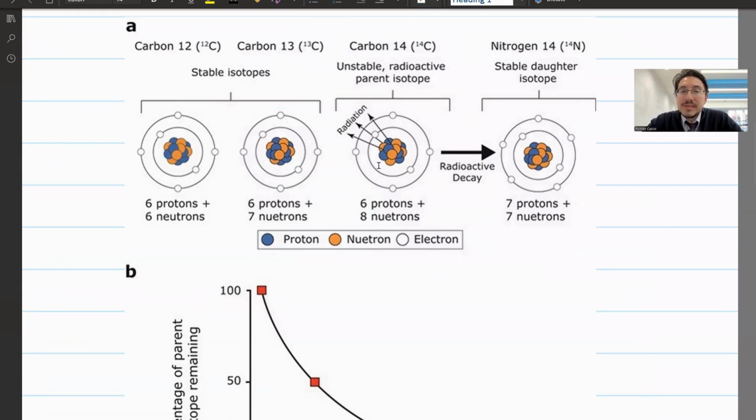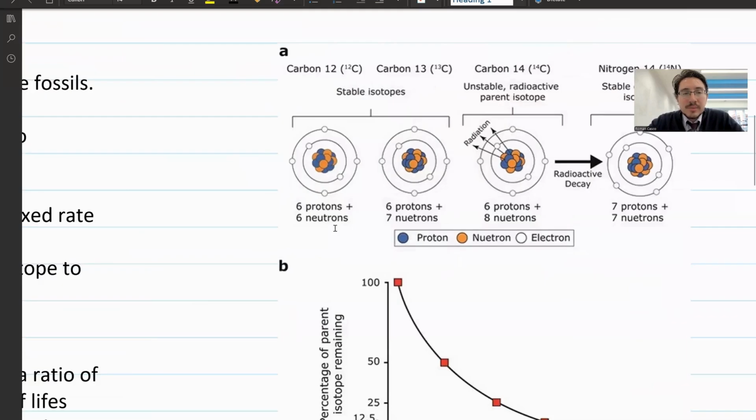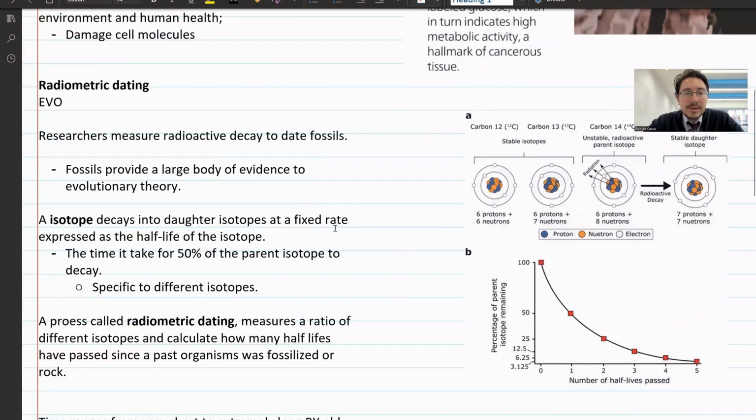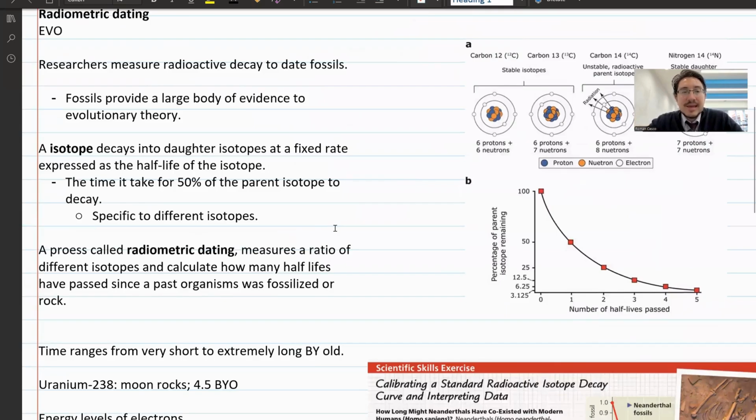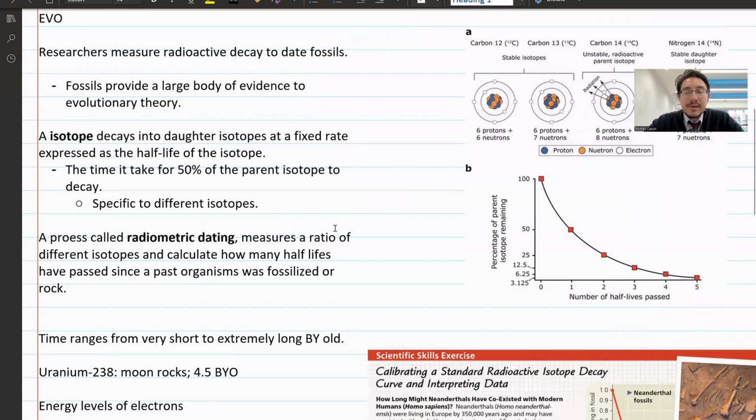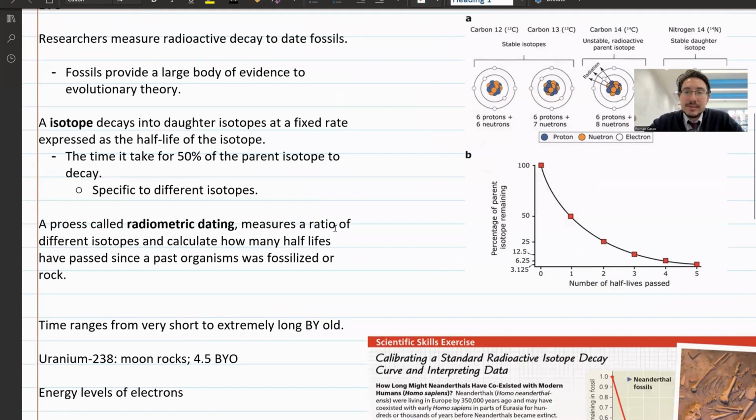And as it breaks down, it liberates different particles and energy, right? So scientists are able to calculate this rate of decay, and that is referred to as radiometric dating.